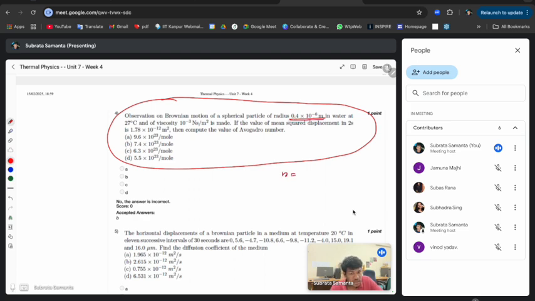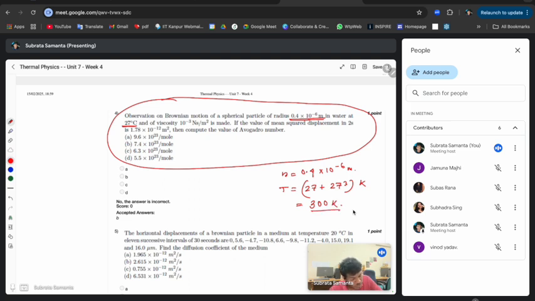The radius r is 0.4 times 10 to the power minus 6 meter, in SI unit. And at temperature 27 degrees centigrade, so temperature T is 27 plus 273 Kelvin, so it's basically 300 Kelvin.